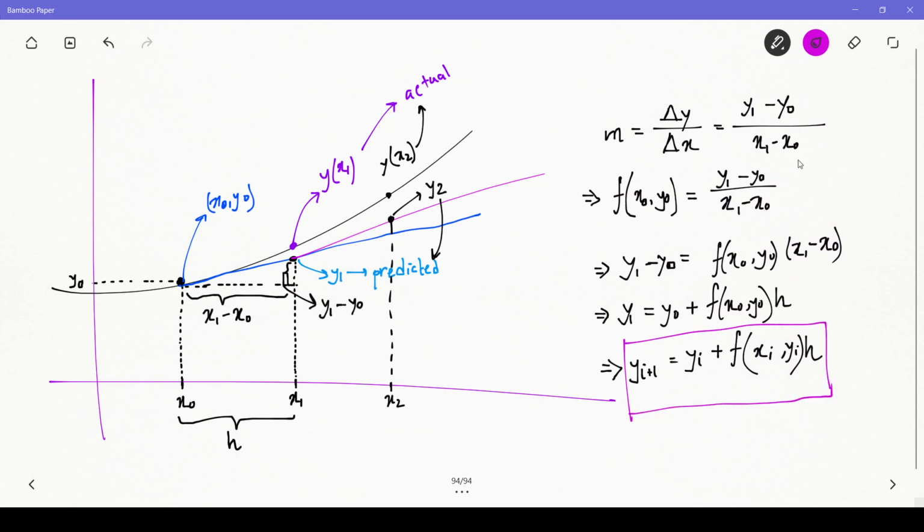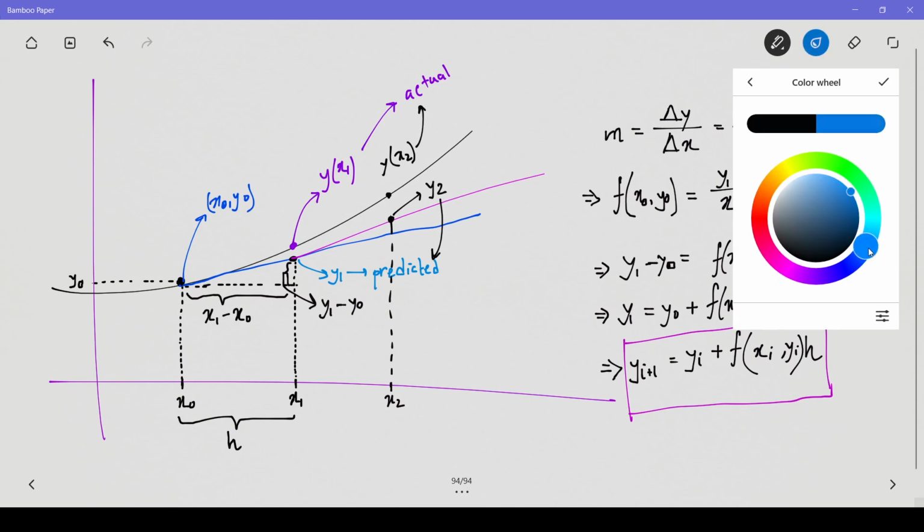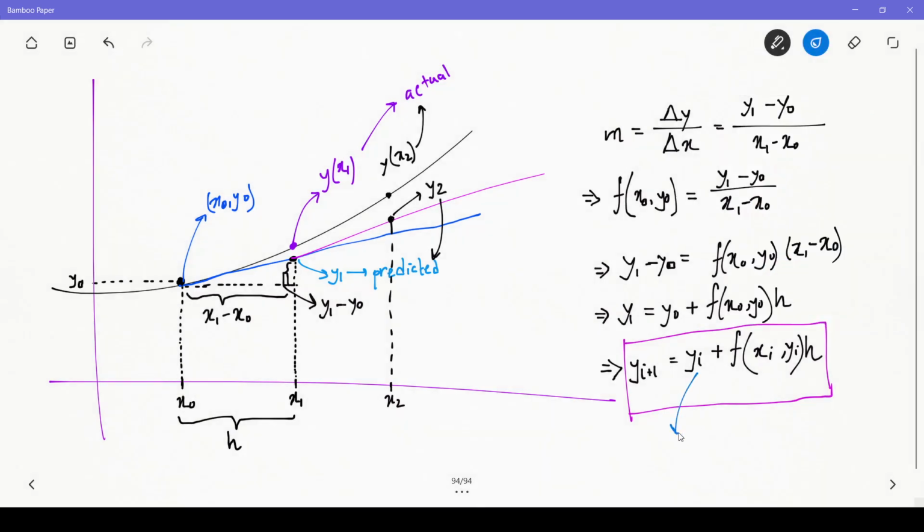Okay. So if you know the value of the dependent variable y at a particular point, y sub i is the dependent variable, and this is the slope at that point. So we know the value of the dependent variable at a particular point yi. We know the slope at that point, and we also set a step size beforehand.